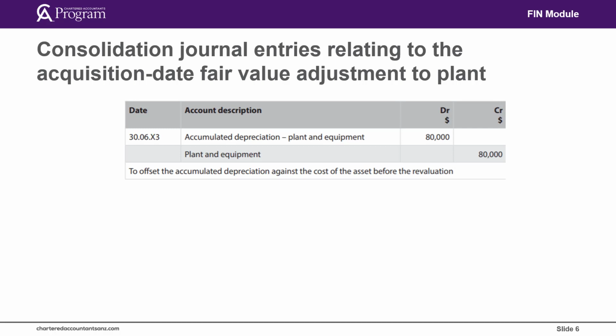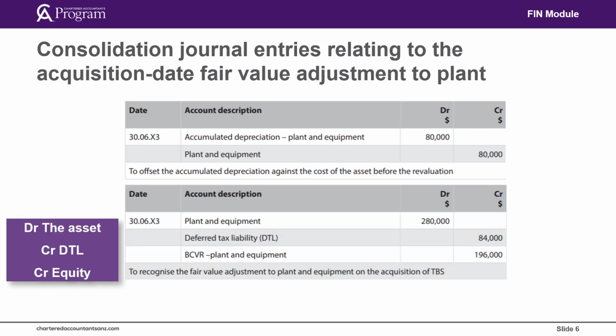This brings the acquisition date plant and equipment down to a net carrying amount of $920,000, which is the cost of $1 million less accumulated depreciation of $80,000. IAS 16 requires this entry when an asset is revalued.